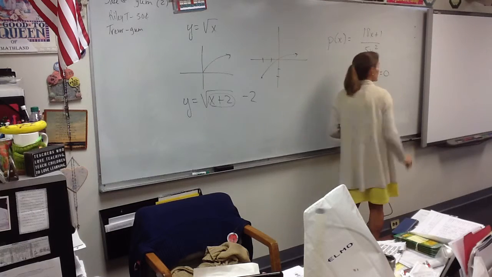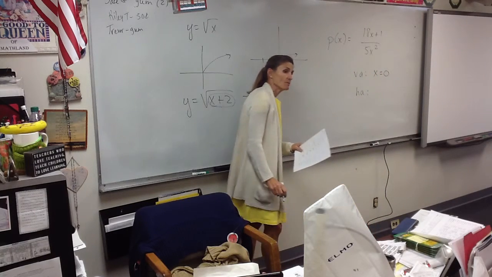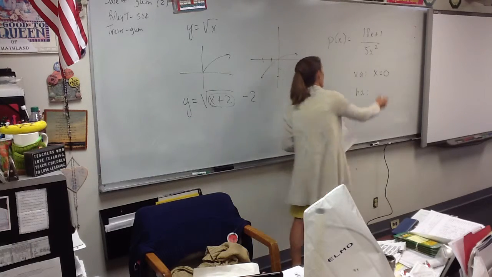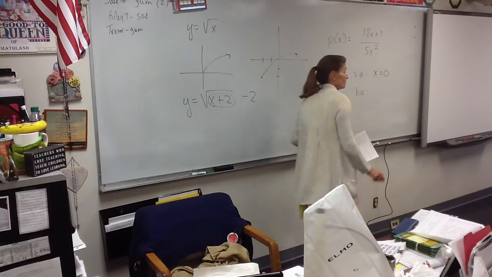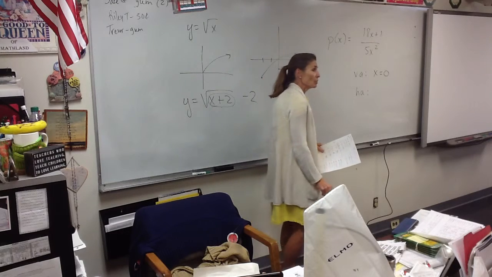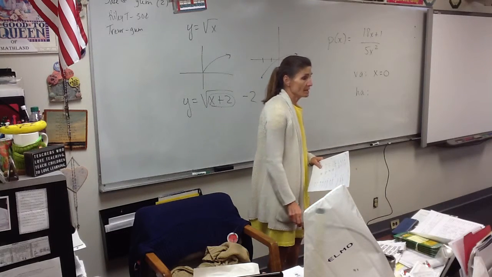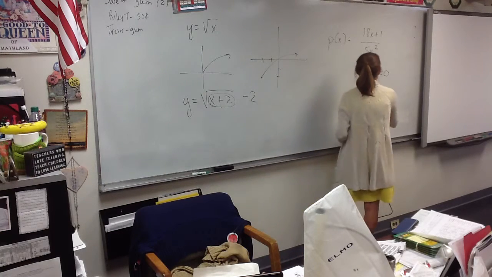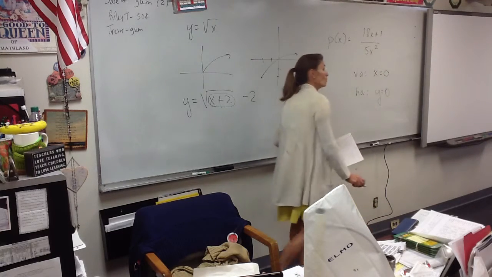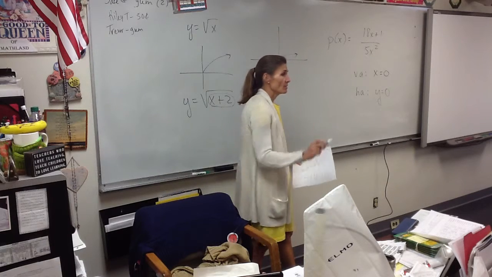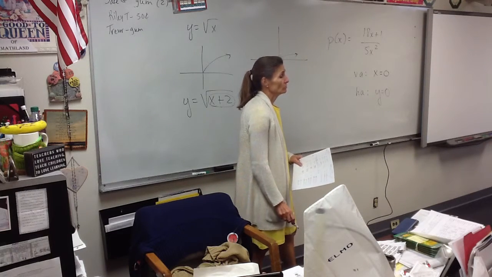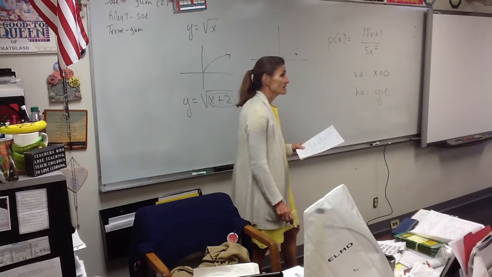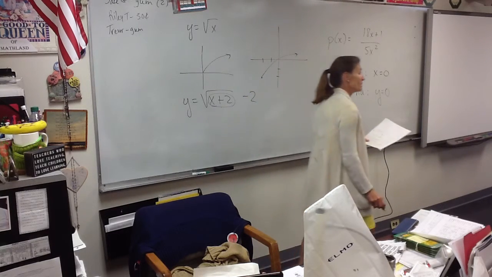Vertical asymptote is at 0 because you have an x down there, it cannot be 0, right? Now, look at my powers, they do not match. When the bigger one is on the bottom, the asymptote is at 0. When the bigger one is on the top, there is none, no asymptote. What was the horizontal for 2B? None, because the power on the top is bigger.